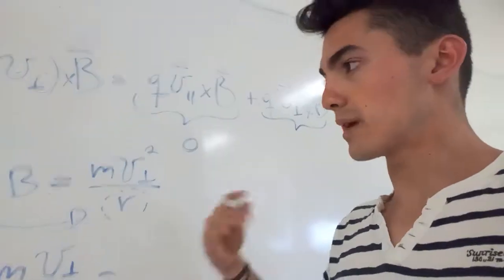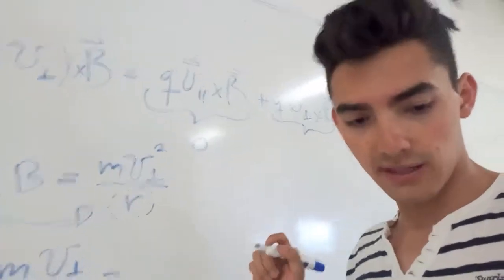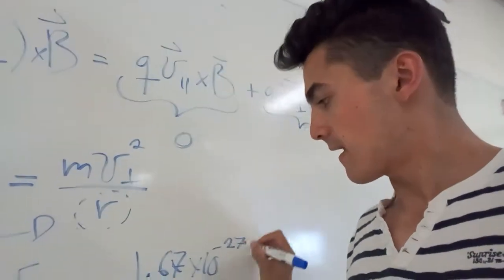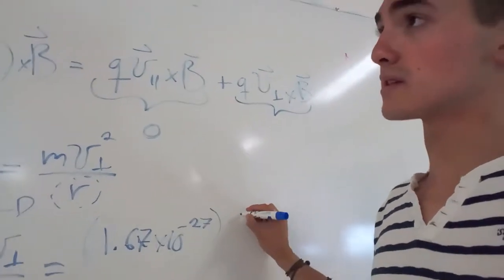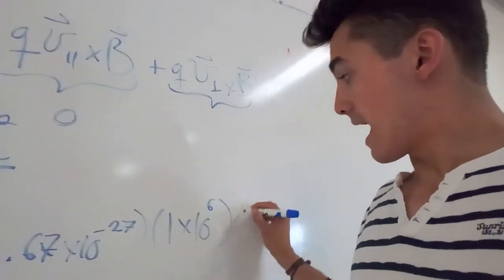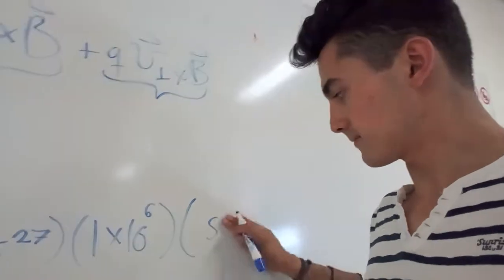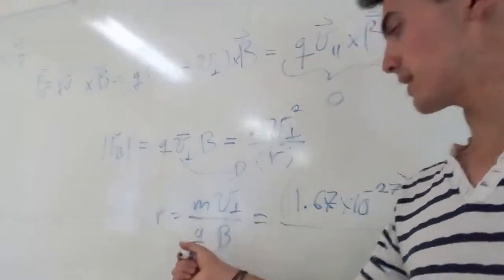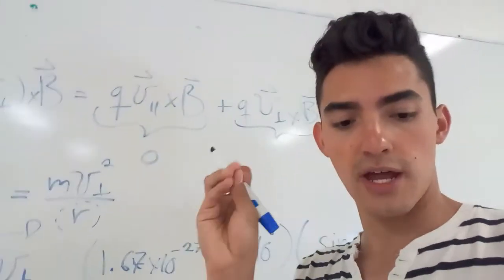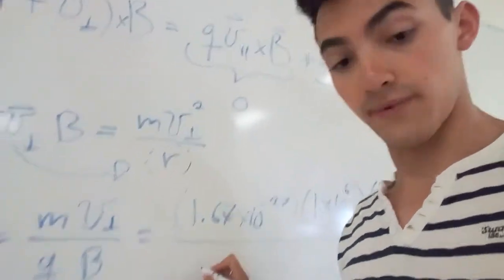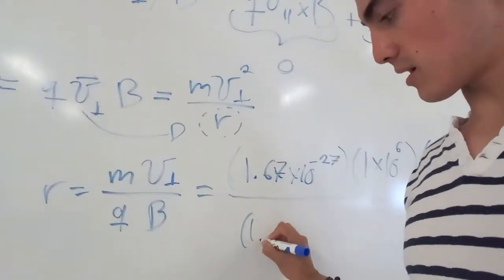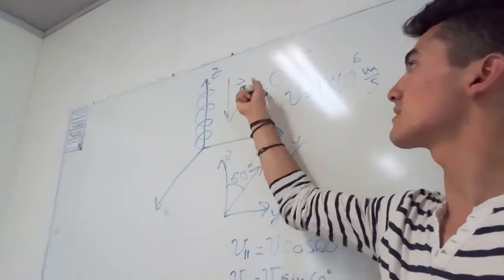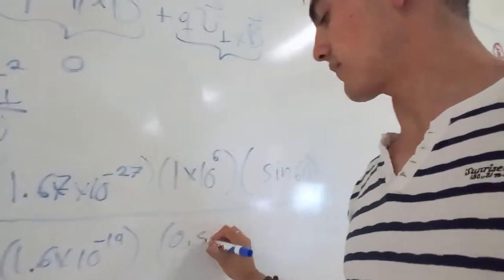The mass is that of the proton, which is 1.667 times 10 to the minus 27, times our velocity, 1 times 10 to the 6, times the sine of 60, because we said it was the perpendicular part, over our charge, the charge of the proton, 1.6 times 10 to the minus 19, times our magnetic field, 0.5.